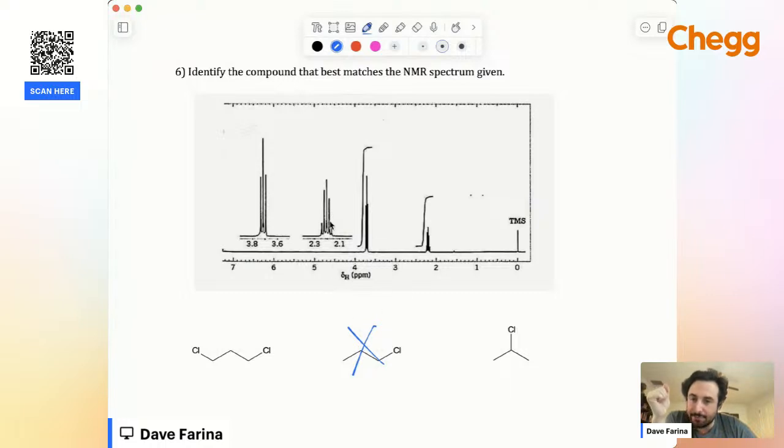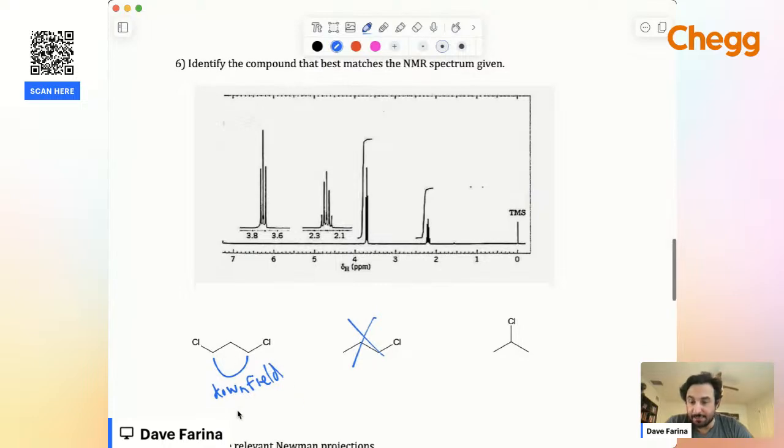So let's do the assignment. Let's assign chemical shift and splitting. Here we would expect these guys to be more downfield. We can say that we would expect it to be integrated to 4, just to get a relative value and a sense of it. And then we're going to expect this to be a triplet. This is a little tricky, right? The protons here see these two next door.